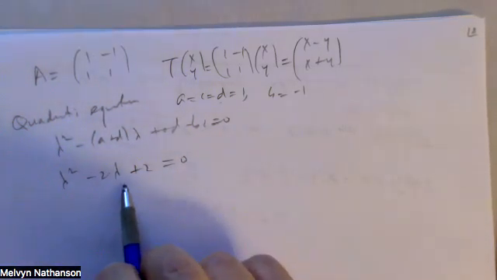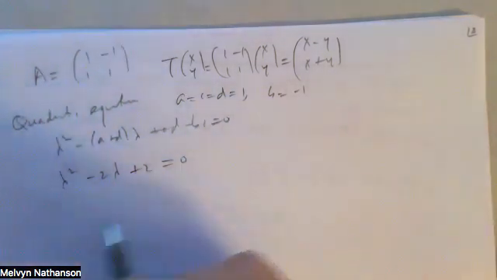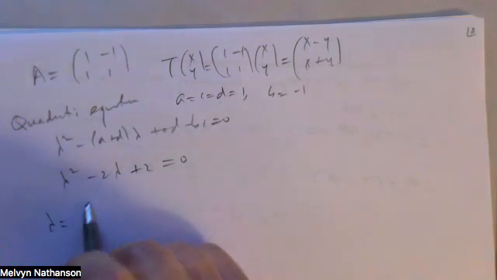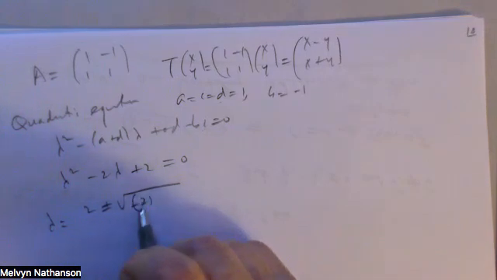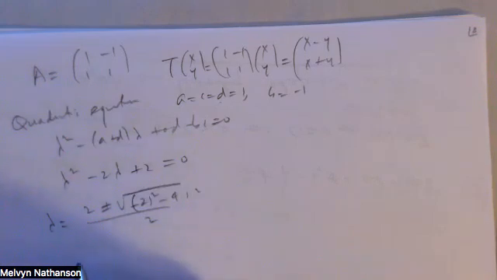We have to solve this quadratic equation. Well, we know from high school that the roots are lambda equals minus minus 2 plus or minus the square root of minus 2 squared minus 4 times 1 times 2, over 2.